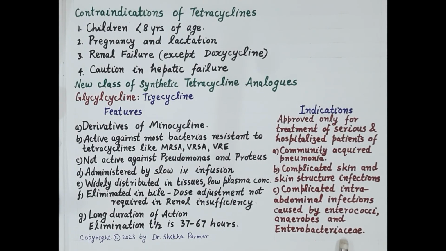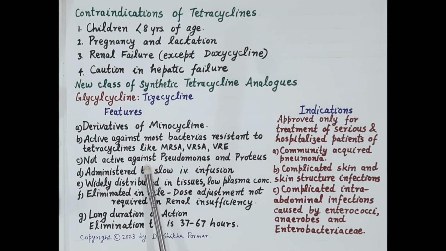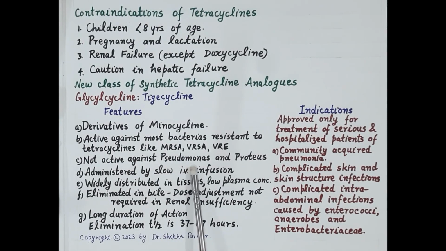Now, another important feature of tigecycline is this, that like conventional tetracyclines, tigecycline is also not active against gram-negative bacilli, that is Pseudomonas and Proteus. In addition to this, it is also not given orally and it is administered by slow intravenous infusion.